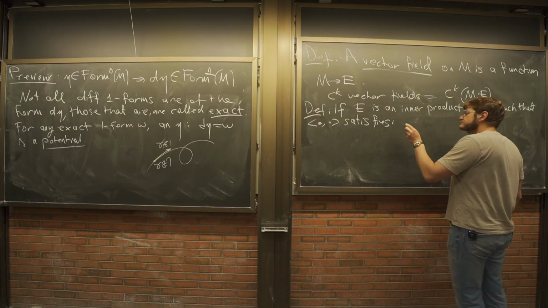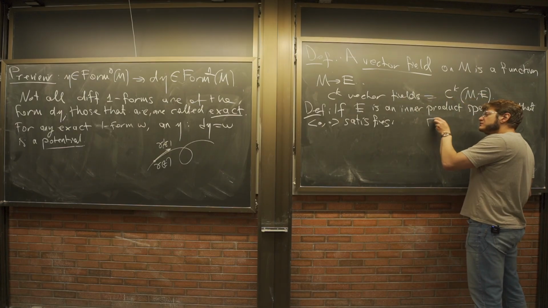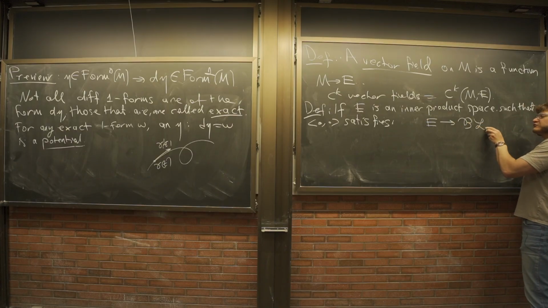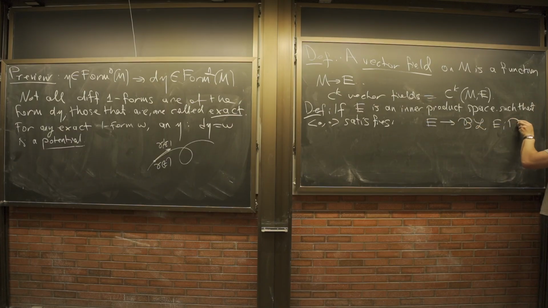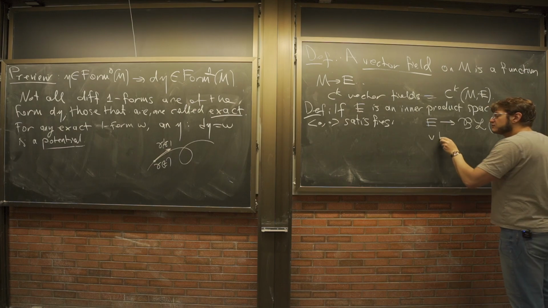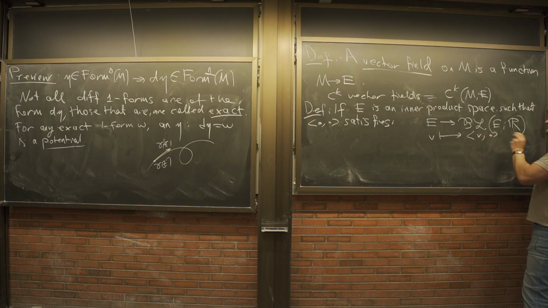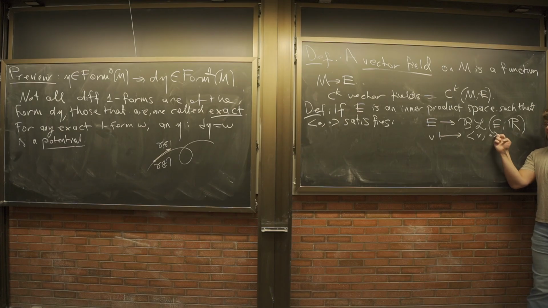Well, the function that goes from E to the space of bounded linears on E, taking real values, where you take a vector v and send it to inner producting with v. Okay, if I fix one of the vectors in this inner product, I know that by hypothesis, one of the axioms of an inner product, in this entry, this is a linear transformation.